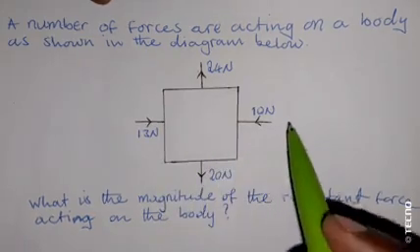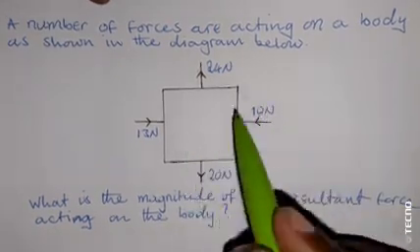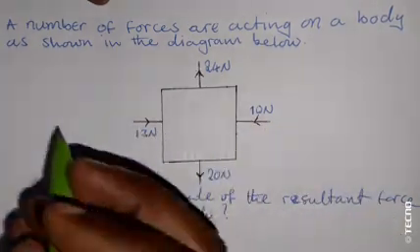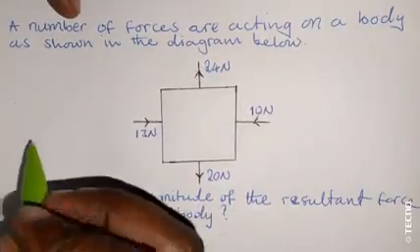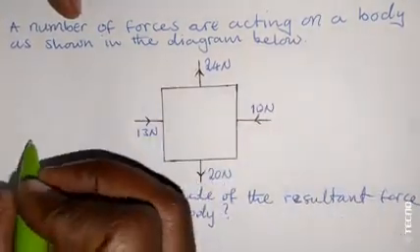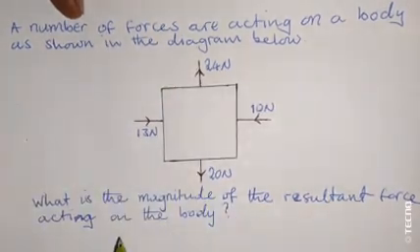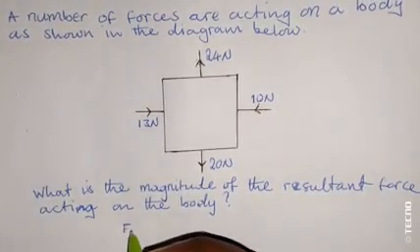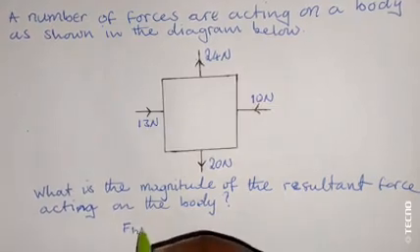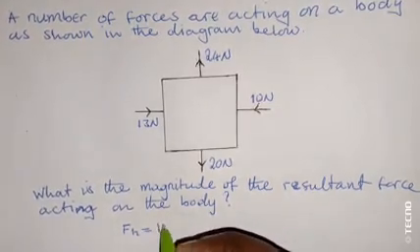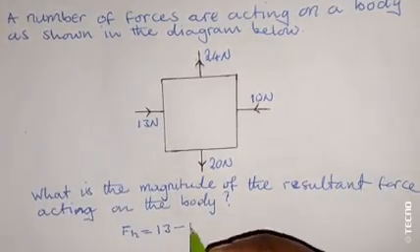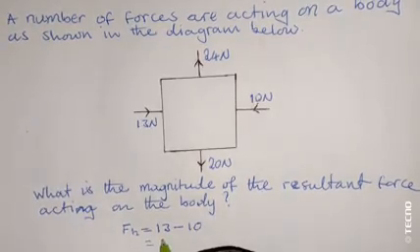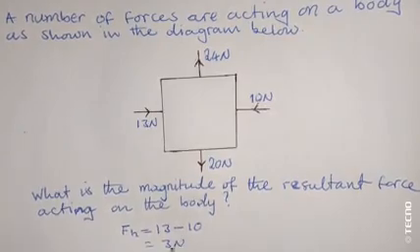Once you do that, we're going to find the force in the horizontal direction. Here the resultant horizontal force, we are simply subtracting. I'll write it here: H is equal to 13 minus 10. 13 minus 10, we find that it's 3 Newton.